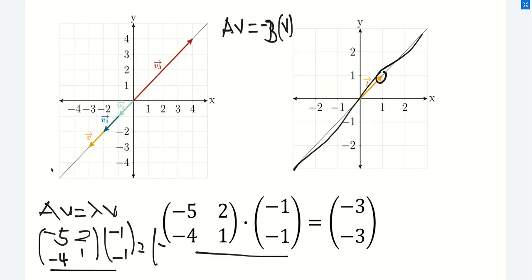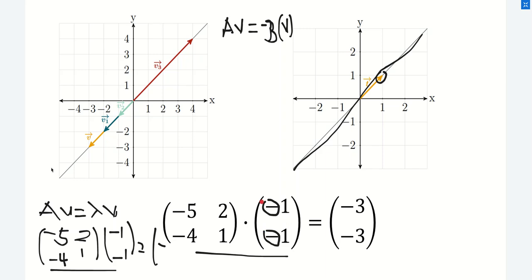It's supposed to be 1, 1, so change it to 1, 1 for me. Okay, so that's correct.